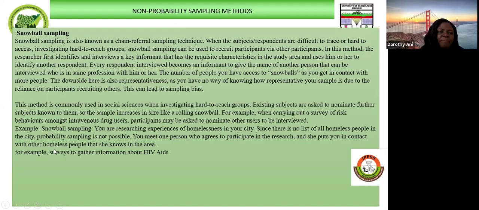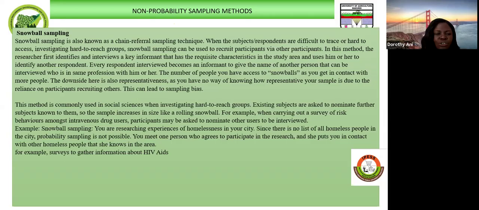Snowball sampling is also known as chain referral sampling technique. When the subjects or respondents are difficult to trace or hard to access, investigating hard to reach groups, snowball sampling can be used to recruit participants via other participants.